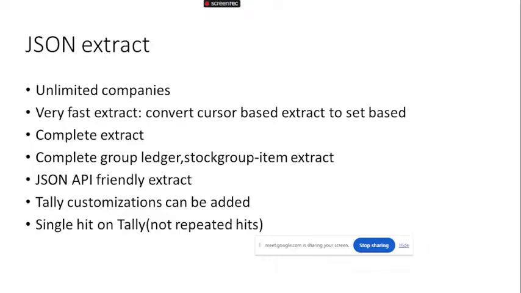F12 is for complete configuration. And JSON is API friendly. Also, a lot of TDL developers have a lot of Tally customization, so Tally customization should be added. And everything should be in a single hit, a single extract. I want everything.